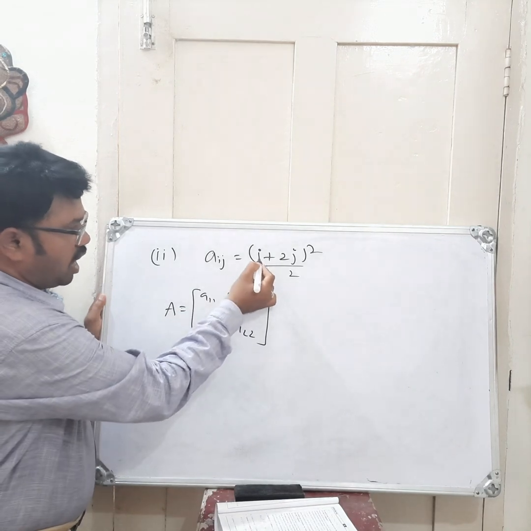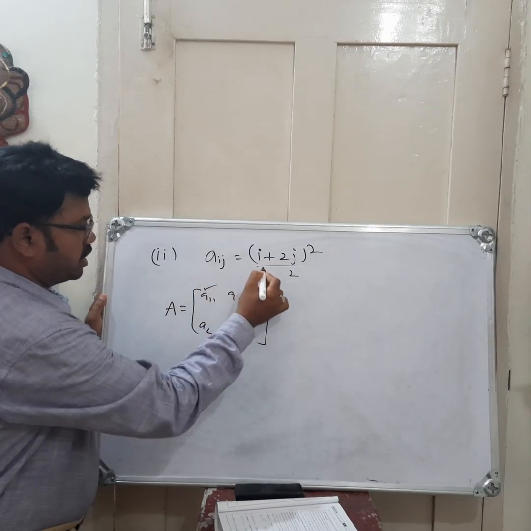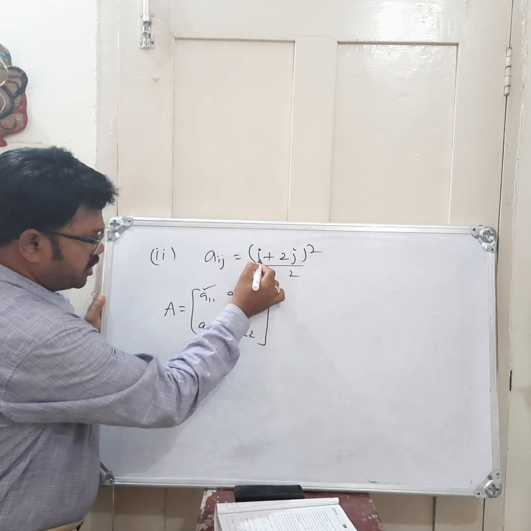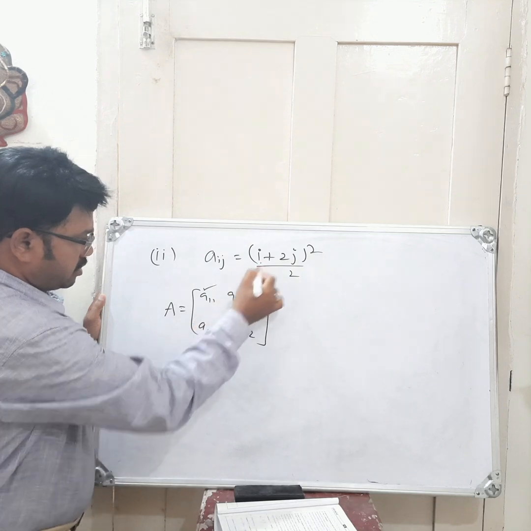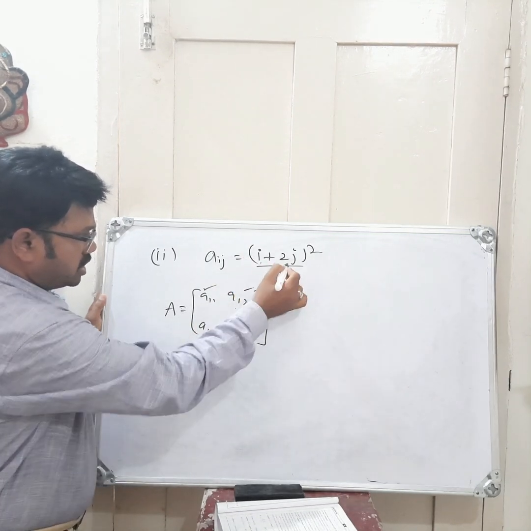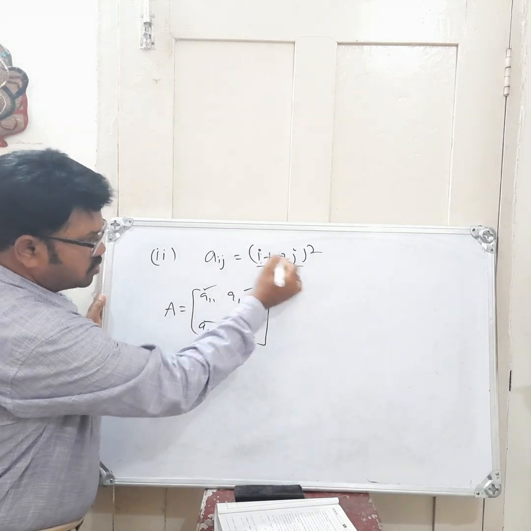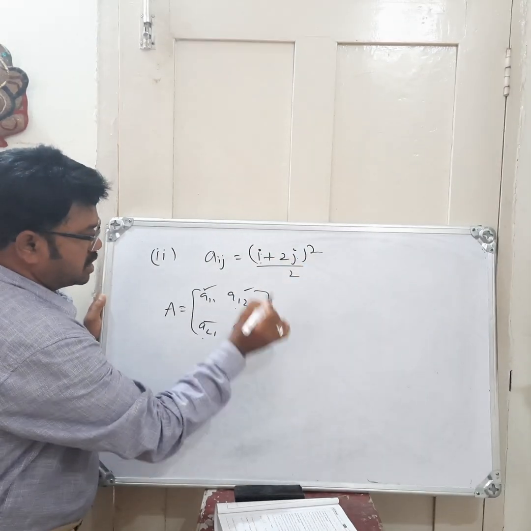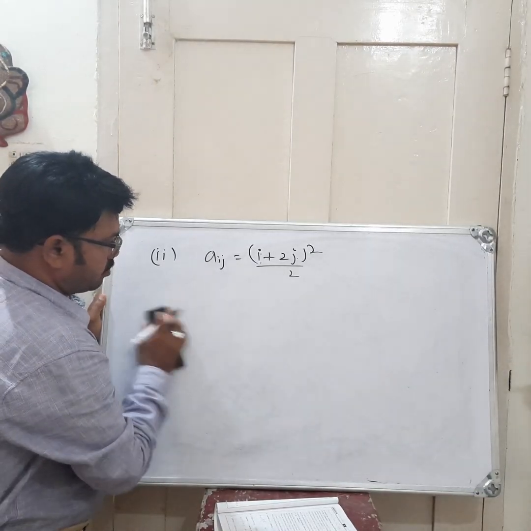Here instead of i you take 1 and j you take 1, we will get this element. For A12, i equal to 1, j equal to 2, we get the second element. Here also i value equal to 2 and j equal to 1, we get this element, and if I take i equal to 2 and j equal to 2, we get these elements. So we can solve this problem like the earlier problem.